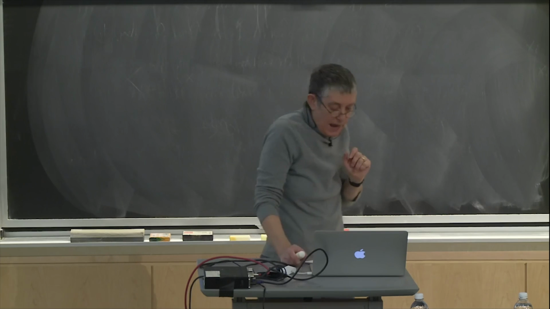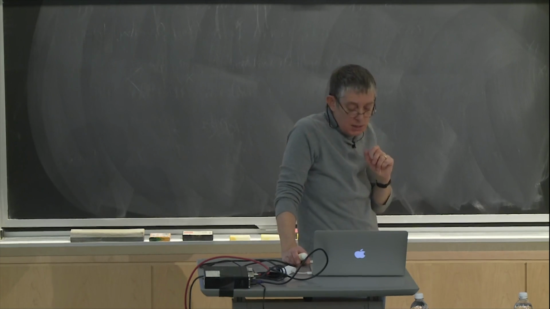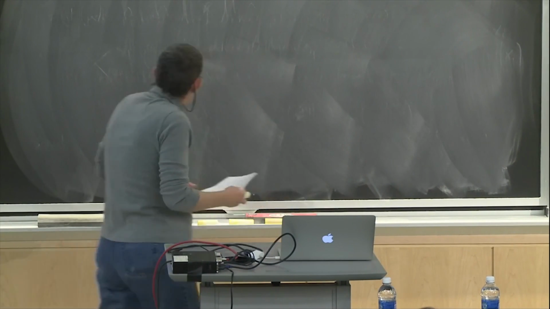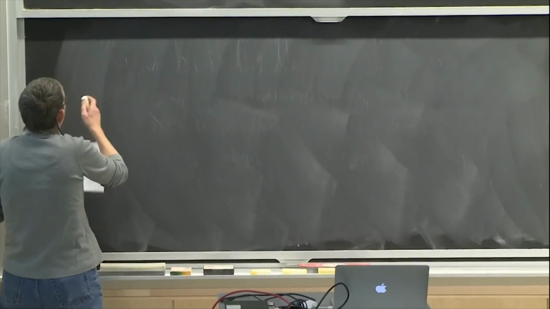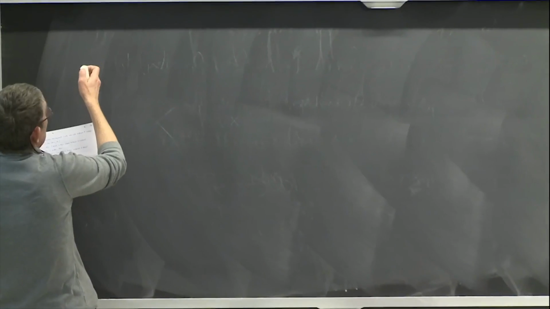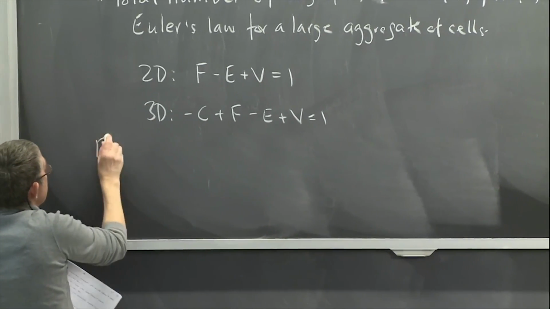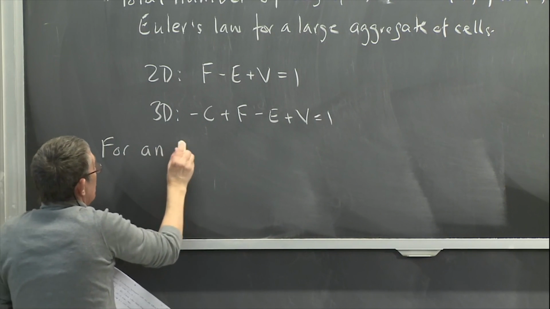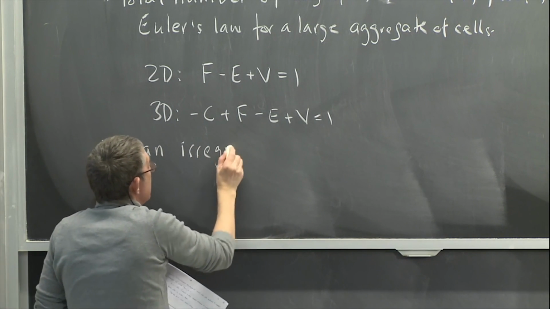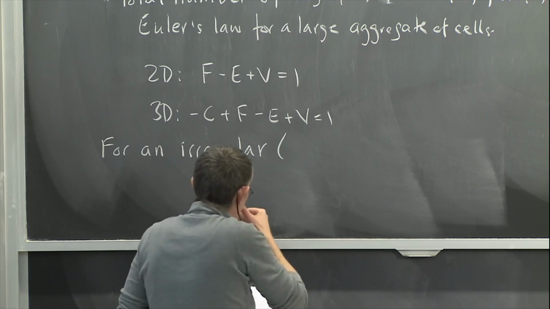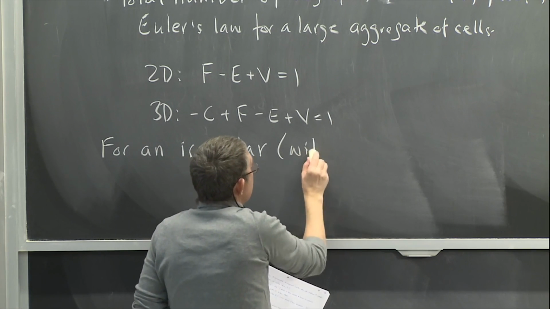You can ask what's the average number of sides per face, and you can use Euler's law to figure that out. So we're going to look at an irregular 3-connected honeycomb. When I say irregular, I mean we've got cells with different numbers of sides.